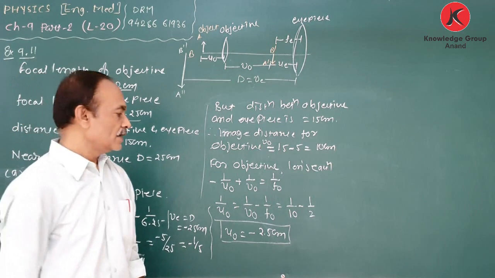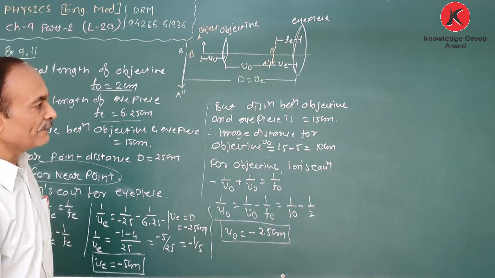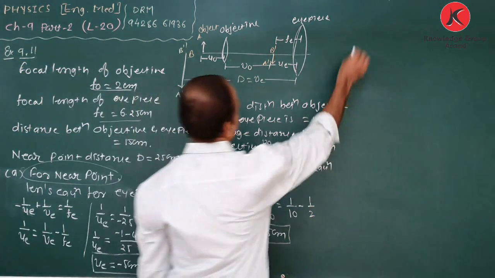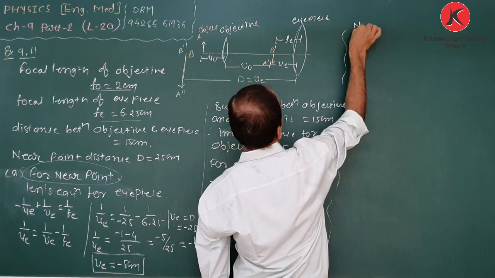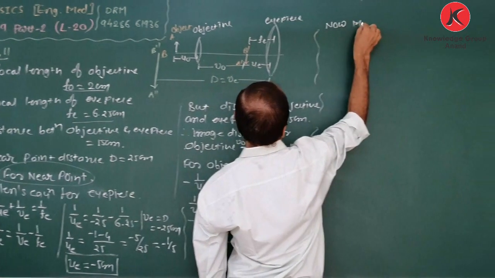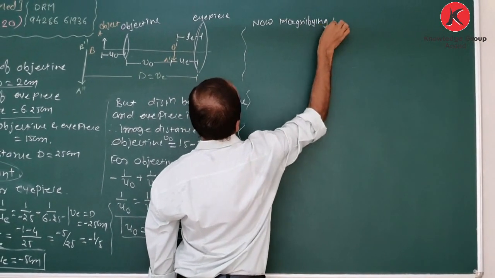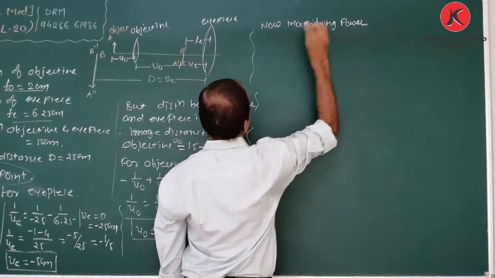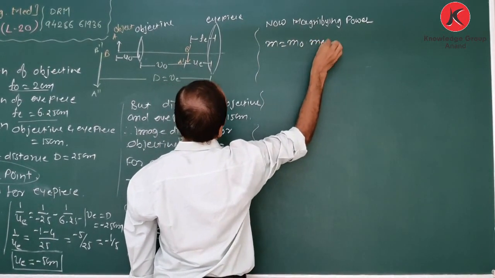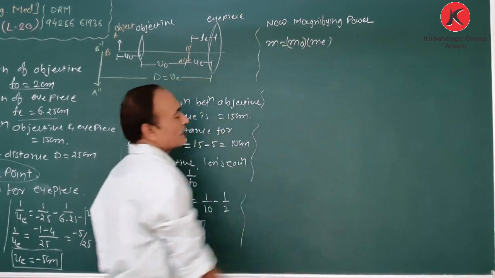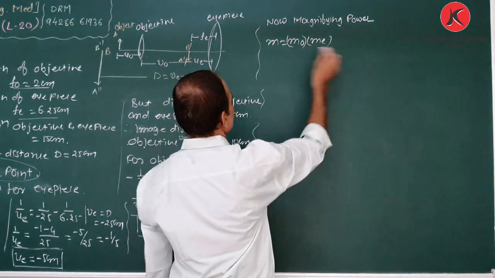Now, the magnification of a compound microscope, or the magnifying power, that means the result of magnification, M is equal to M0 into ME. That means the magnification of objective into magnification of eyepiece.